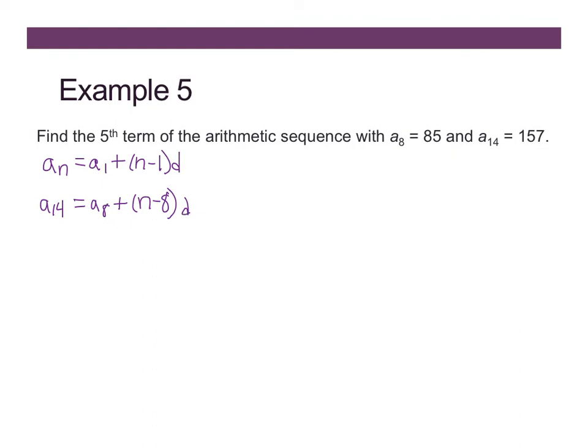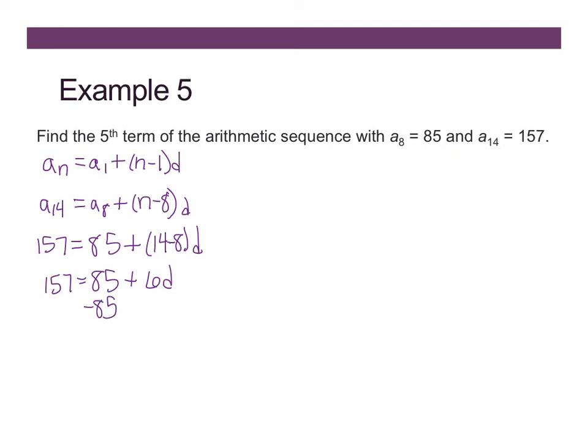Now, plugging in a sub 14, 157 equals a sub 8, which is 85, plus our n value, 14 minus 8, times d. So we get 157 equals 85 plus 14 take away 8 gets us 6 times d.